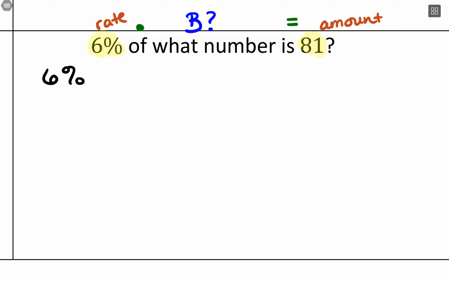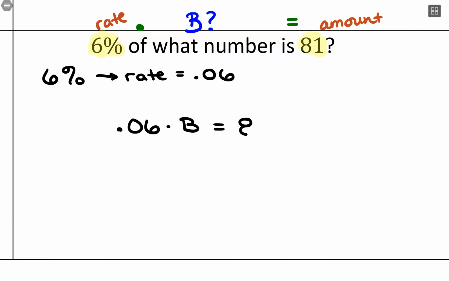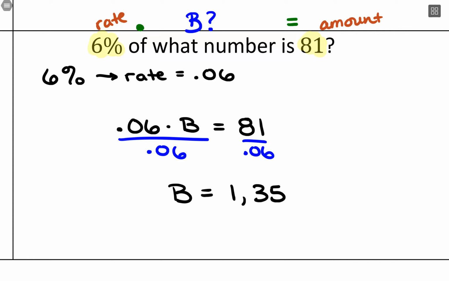So where we have 6%, that means we have a rate of 0.06. So 0.06 times the base equals the amount of 81. Divide both sides by 0.06. And we'll have b equals 81 over 0.06, which is 1,350.